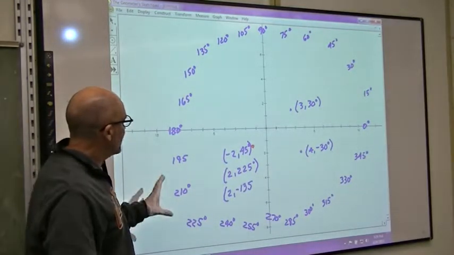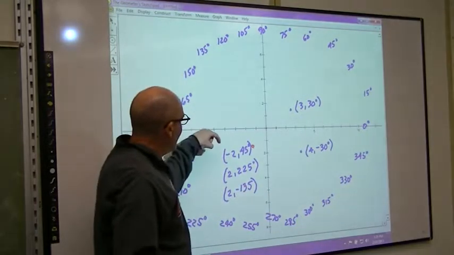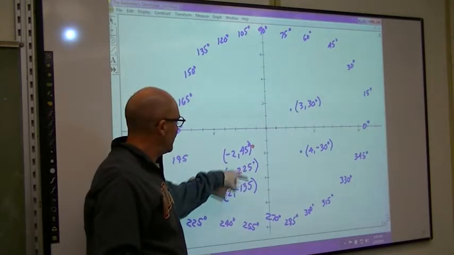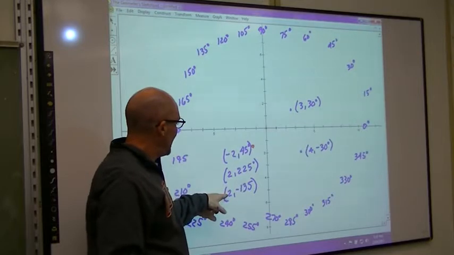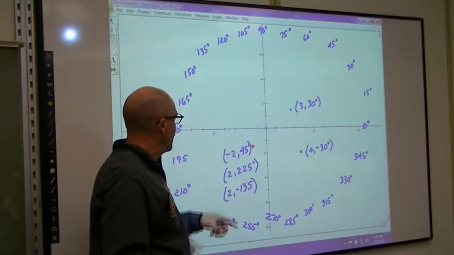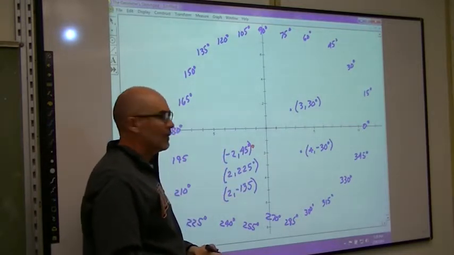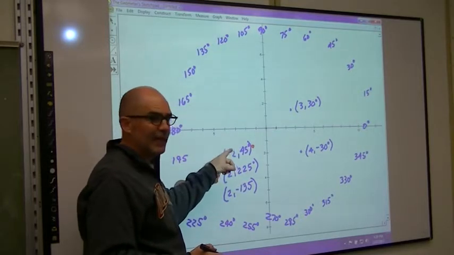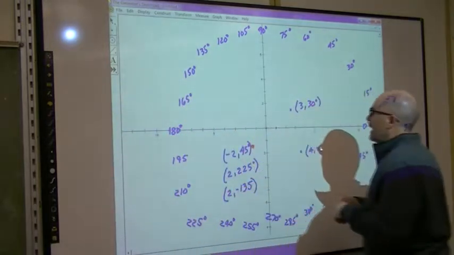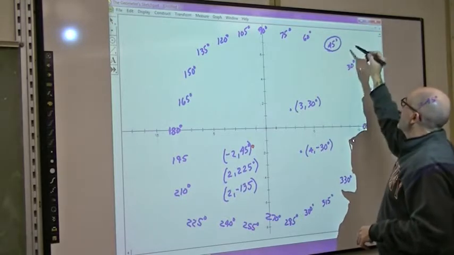So notice we can name these points with a positive magnitude and a positive angle, a positive magnitude and a negative angle, a negative magnitude and a negative angle, or a negative magnitude and a positive angle. How do we name this with a negative magnitude, negative angle? What we do is we say, what's this angle if we name that as a negative angle?